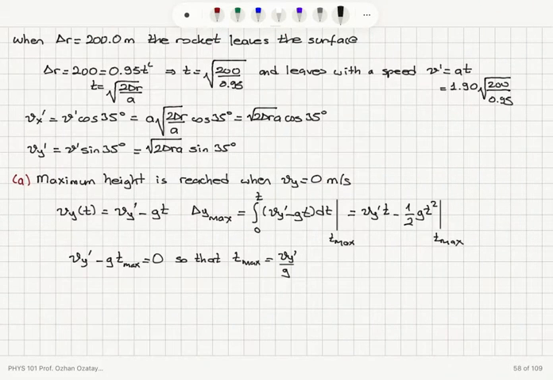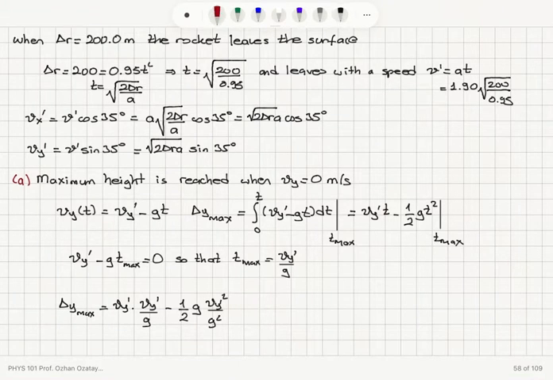So delta y max will be Vy prime t minus 1/2 g t squared evaluated at t max, which is Vy prime times Vy prime over g, substituting for t max, minus 1 over 2 g Vy prime squared over g squared.